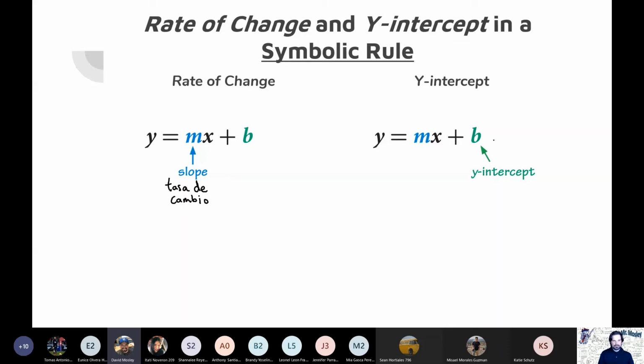Okay. This is valor. Okay. And that would be the coordinate 0, comma, b.